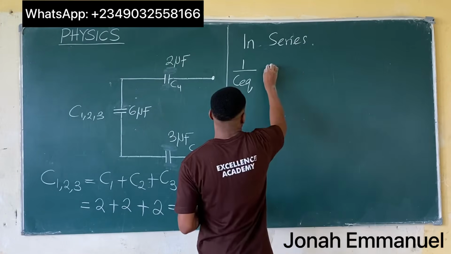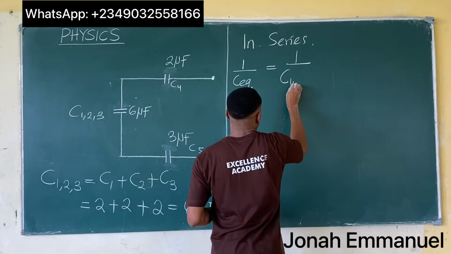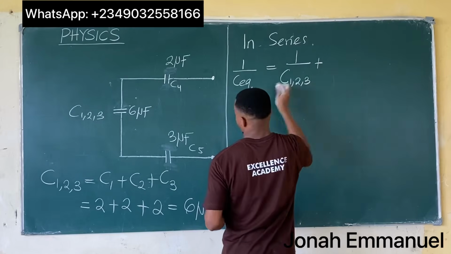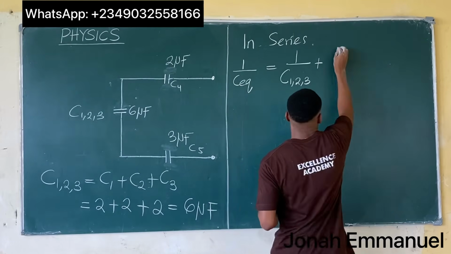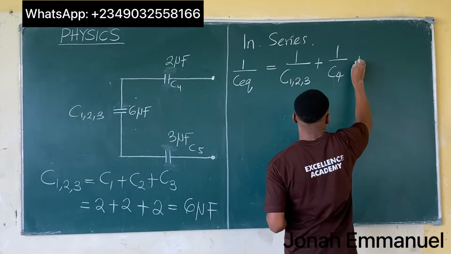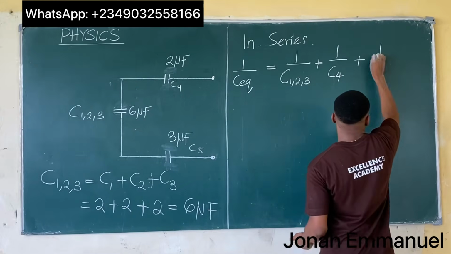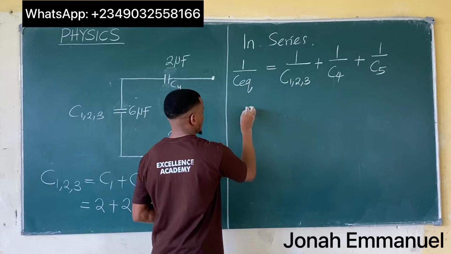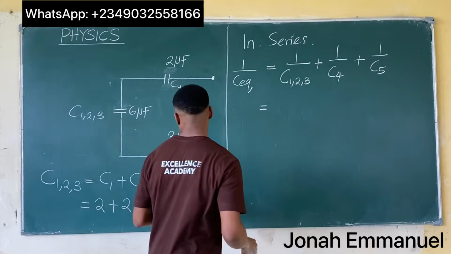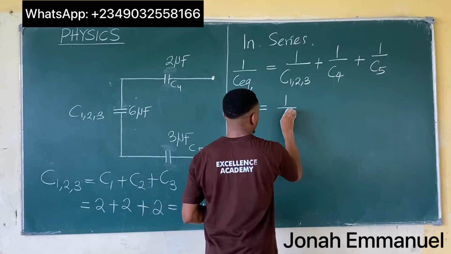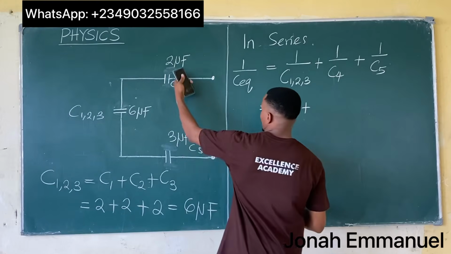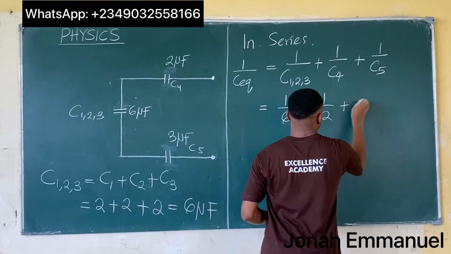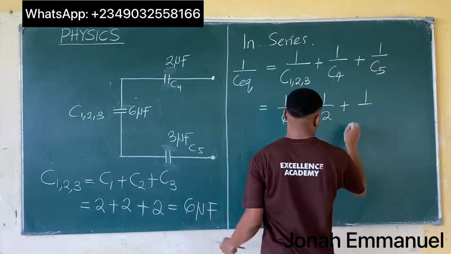So 1 over CEQ is equal to 1 over C1 to 3, plus 1 over C4, plus 1 over C5. Alright, so this is equal to 1 over 6 plus 1 over 2 plus 1 over 3.